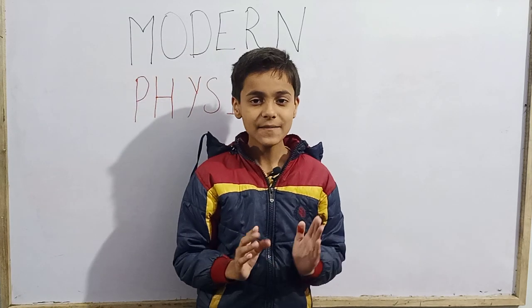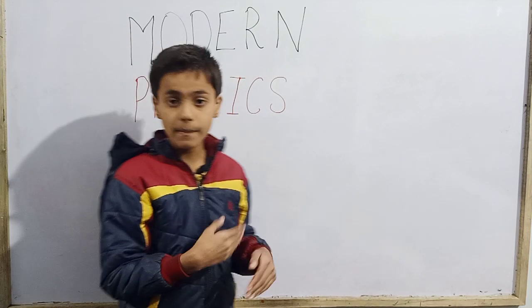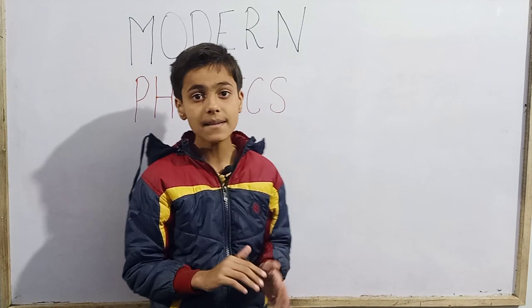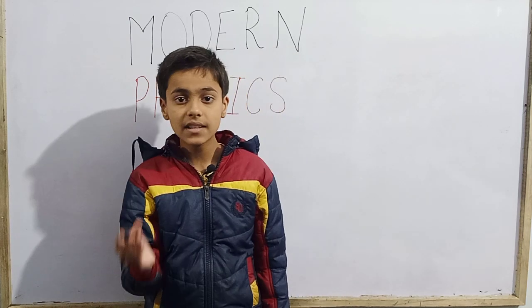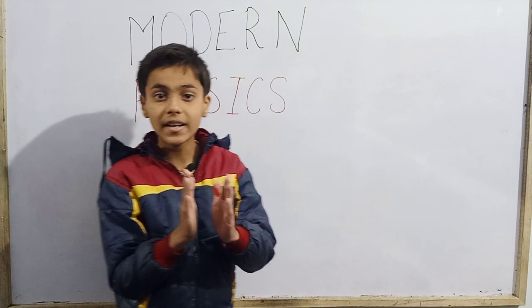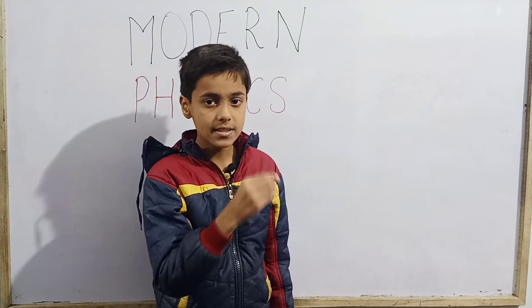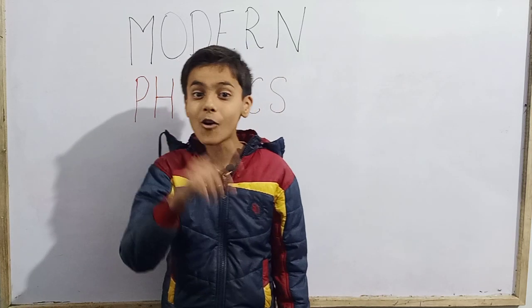So actually, why is modern physics so confusing? Because the black body problem was solved by Max Planck, and he gave a reason for that: quanta. That means he discovered quanta, which is the plural form of quantum. Hence we study a major branch of physics, quantum physics.